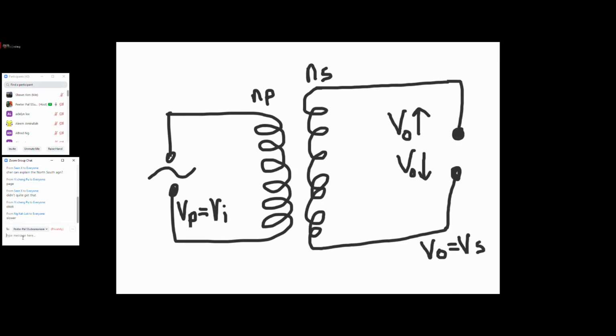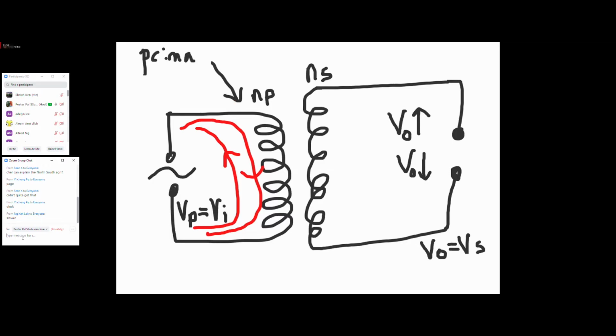So what happens in the primary coil? Current will flow with changing direction. This is called the primary coil. In the primary coil, current will flow with changing direction.